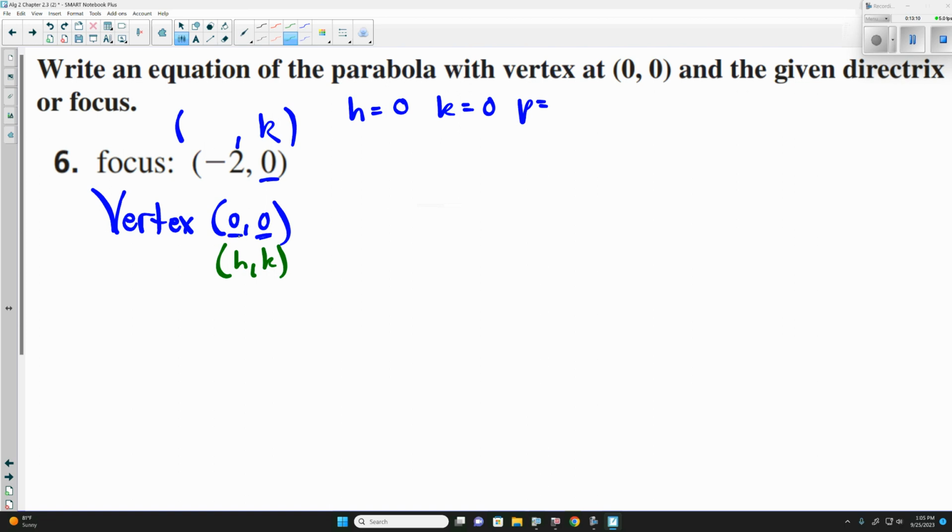The x value of the vertex is 0. The x value for the focus is negative 2. We're adding something to it, which means we have our h plus p comma k. Because that x spot, we're adding a value to it from the vertex to the focus.